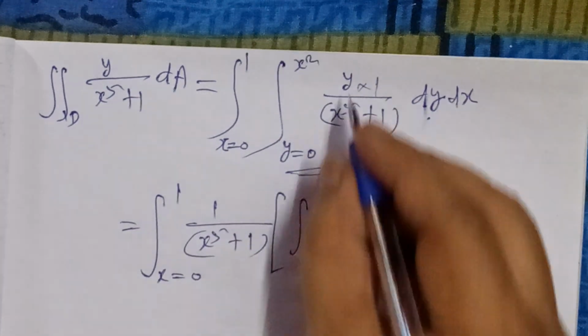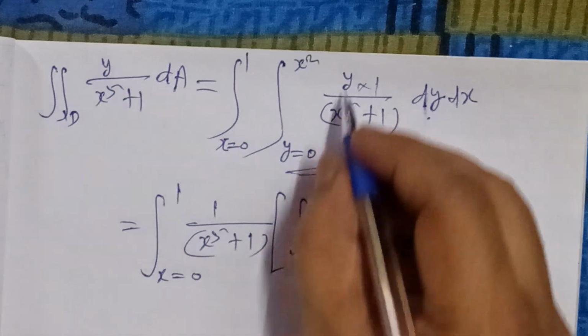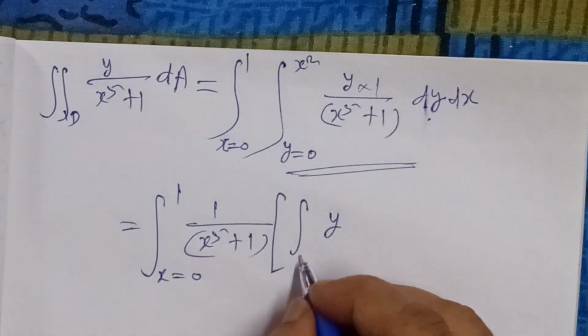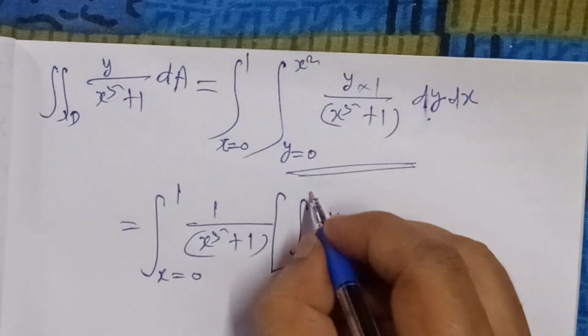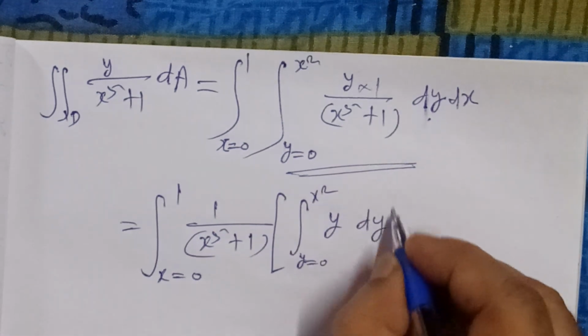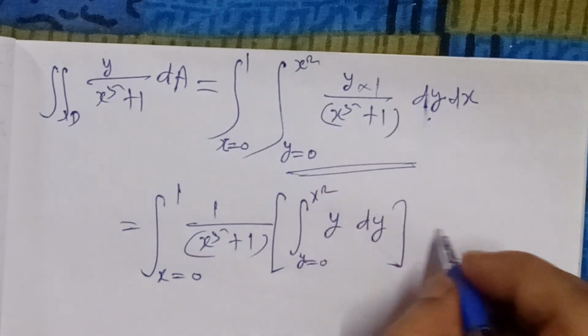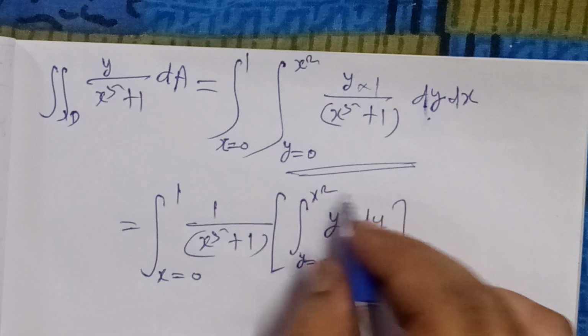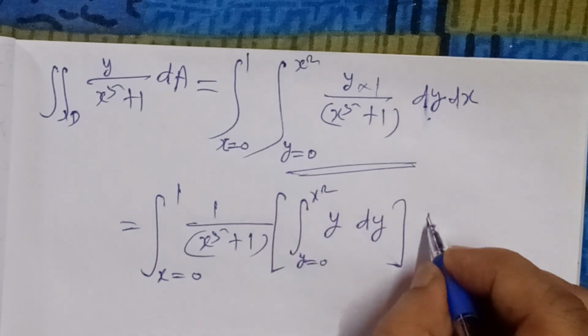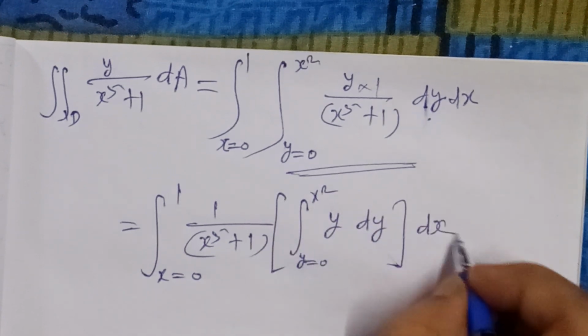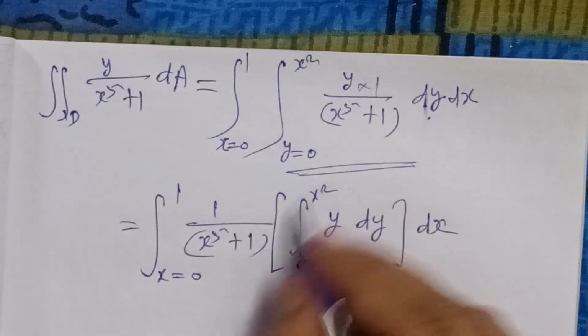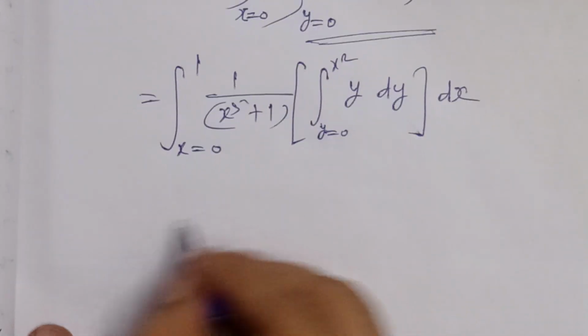Integrate only the remaining function y, with limits y equal to 0 to x square, with respect to y. This will be a function of x, and then we integrate with respect to x.